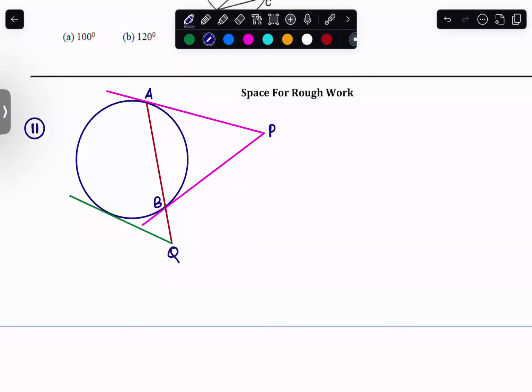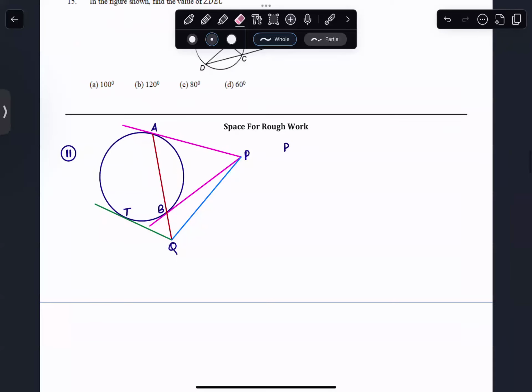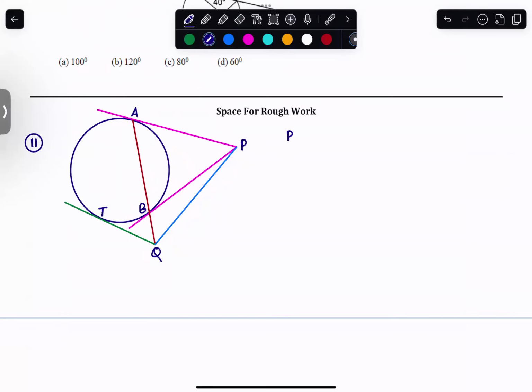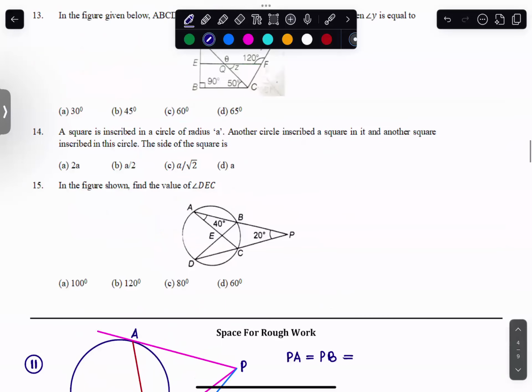This is another point Q. And if we mark this point as T, so what we have, let's firstly chalk that out. PA and PB are equal, being length of tangent, and each of the length being said 4.